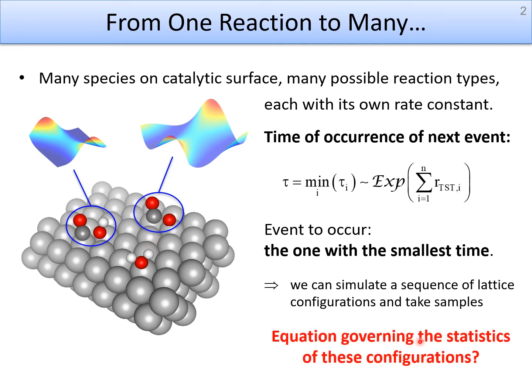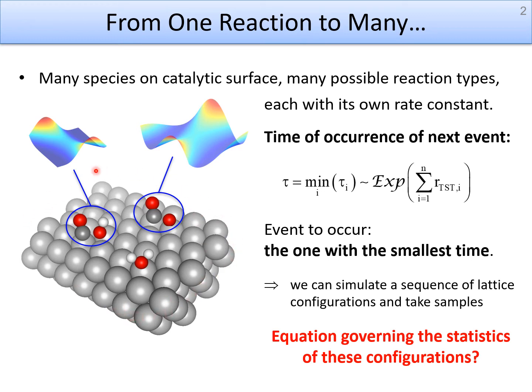Now, one may be wondering whether there is an equation that governs the statistics of these configurations. When I say configuration now, I mean the occupancy of the sites in the lattice, right?